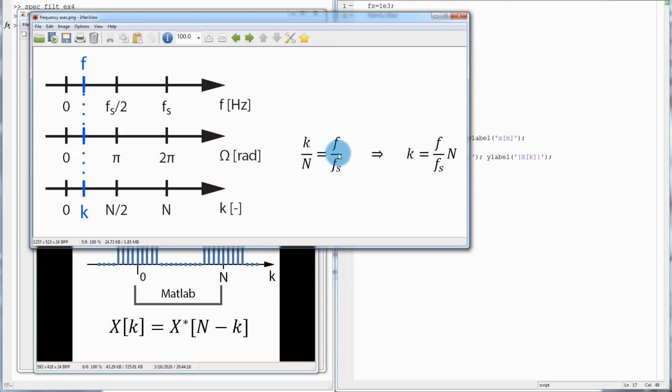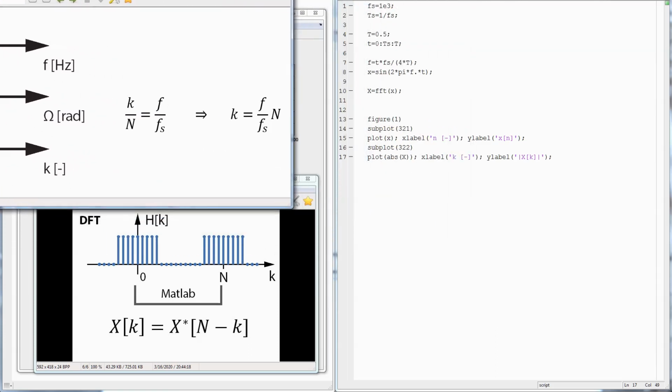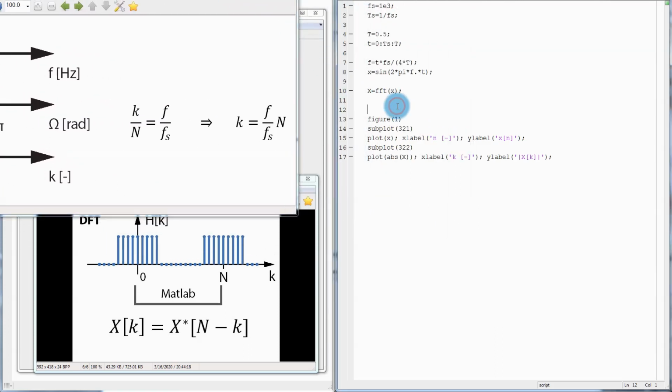The frequency in hertz divided by the sampling frequency is equal to index k divided by uppercase N. And from here I can get that index k is frequency in hertz divided by the sampling frequency times that uppercase N, which is the length of the signal. So let's use this. I have said that I want to generate a low pass filter that will pass everything from 0 to 200 Hertz.